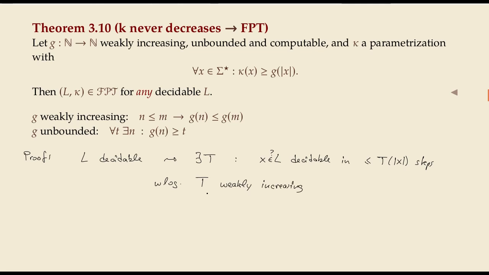So if t was not increasing, we could just replace t by a new t that sums up the old t for all values up to the size that we're looking at. And it's still a bound on the running time, even though far from being sharp, being a strict bound. But it's a bound and it's weakly increasing. And also we know that we at least have to scan the whole input. So t will always be larger than the argument.